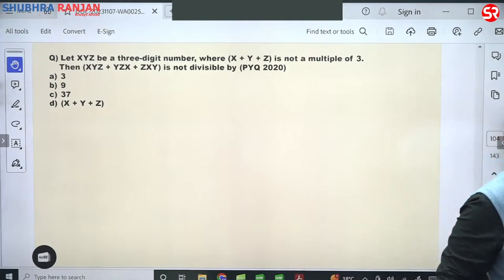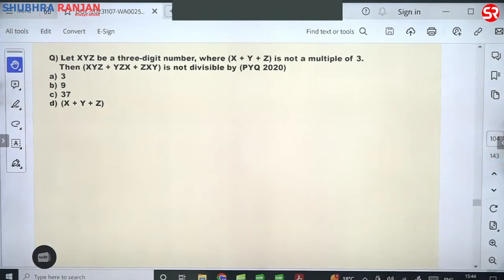See, 37. What is 37? 3 into 37 is 111. Wherever 37 comes, there is 111. You're right, 9 is the answer.